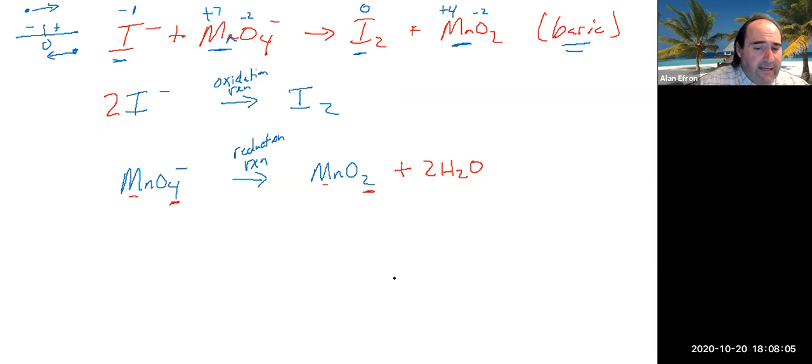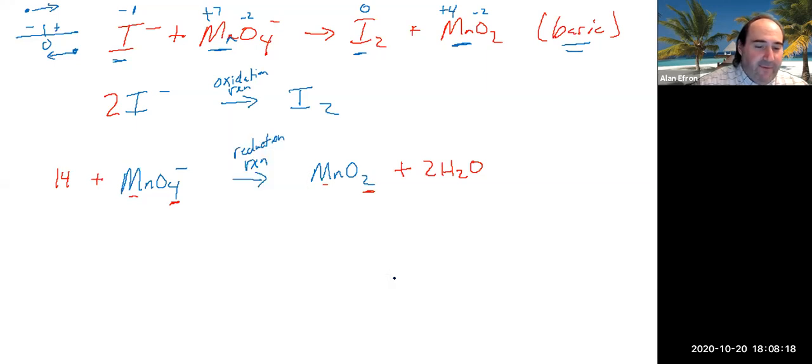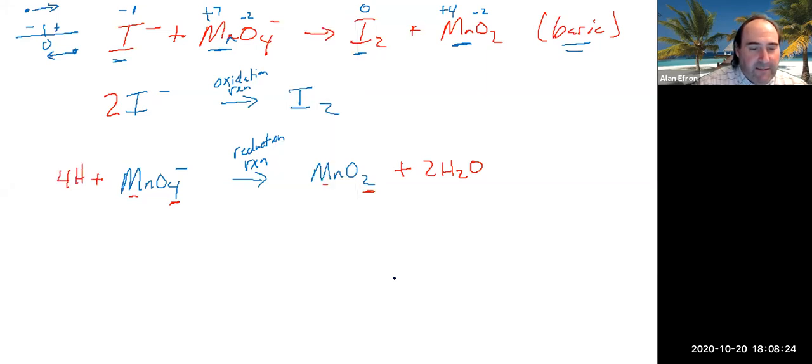Because I added 2 waters, I added 4 hydrogens. To make sure I'm not short in terms of hydrogen, I need to add 4 H pluses on the left-hand side, for the 4 that we added from our water. Any questions up to that point?